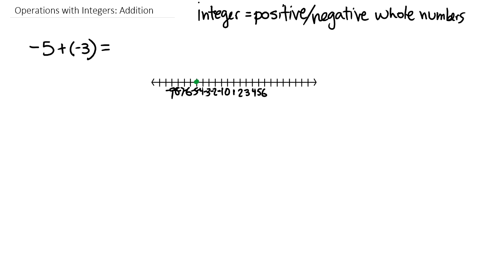And we are going to now move in the negative direction 1, 2, 3 more, to where our solution is -8. So the strategy here is that you can use a number line, and if you're adding and you have both negatives, you will move to the left.